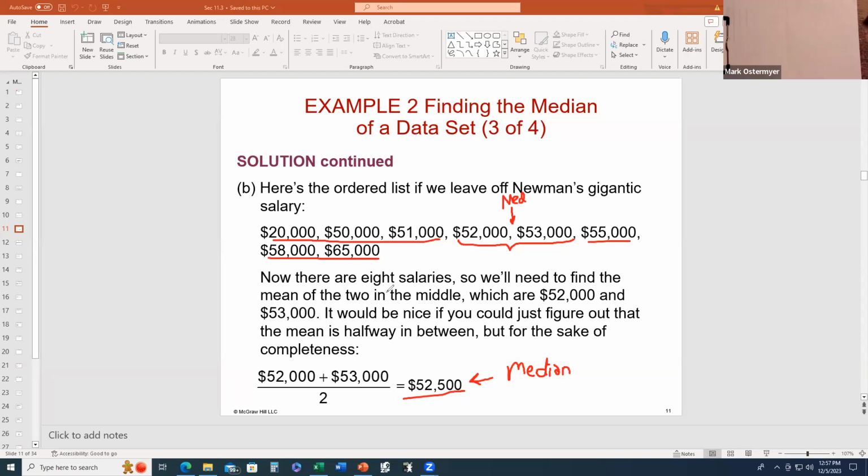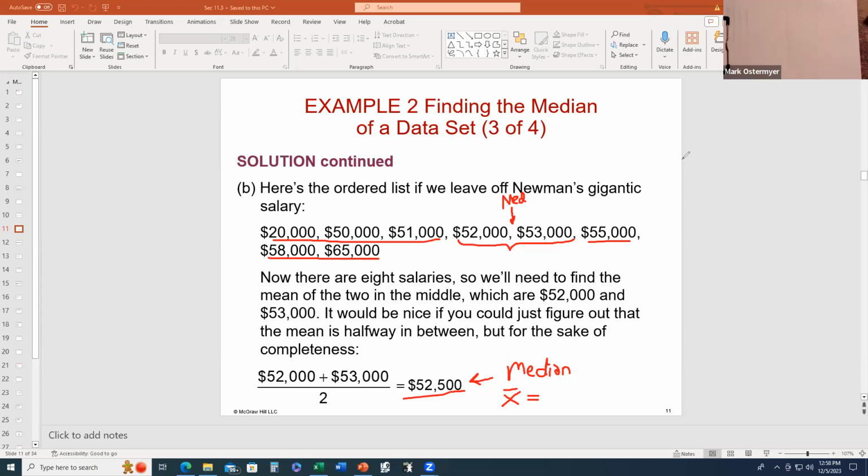All right. By the way, what would be the mean of this data set? Get on your calculator and add those 8 observations together and divide by 8. Tell me what the mean would be. So go ahead and do that. Just add all those up, divide by 8.